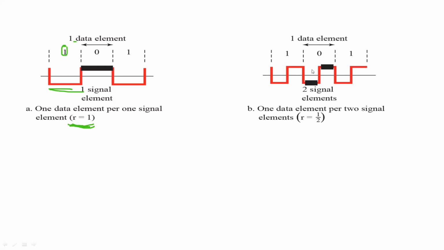Two signal elements eventually carry only one data element, so the ratio is 1 by 2.